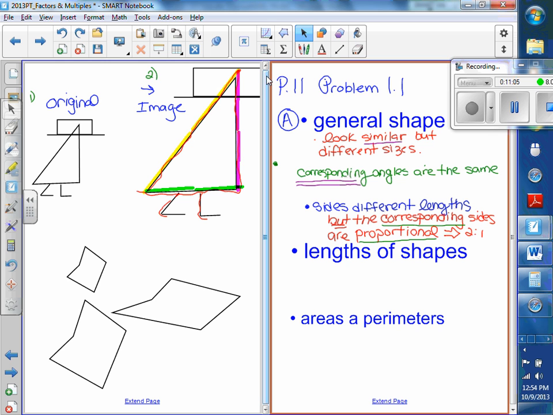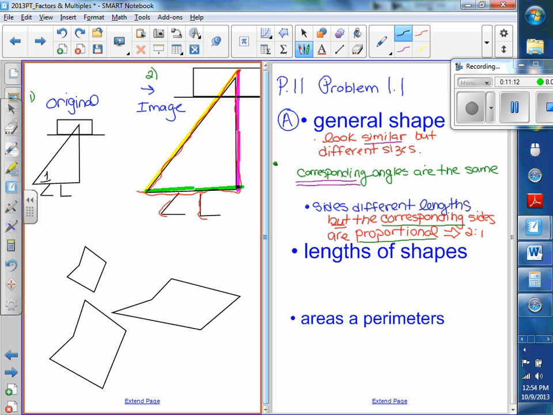So like this angle here, angle 1, corresponds to this angle 1. This angle here, angle 2, corresponds to this angle 2. They're in the same relative position.